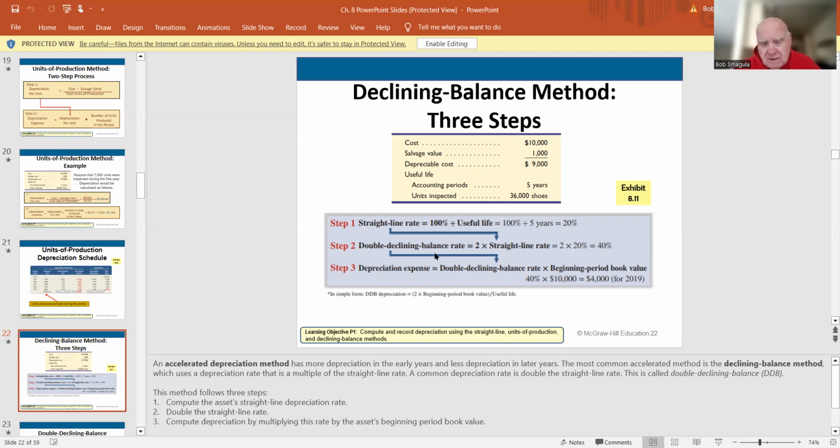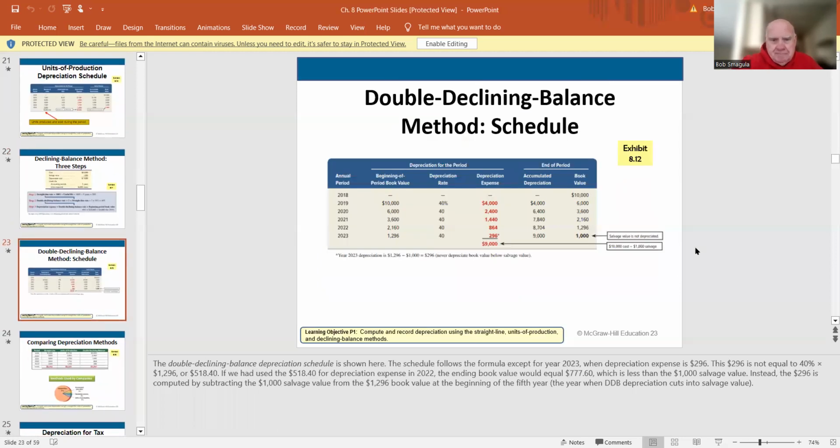Redo their calculation under the double declining balance method, and you'd have to say to yourself, let's see, 1 over 4 years, 1 over 4 is 25%. On the declining balance, 25 times 2 is 50%. Double declining balance rate is 2 times the straight line rate. Double declining balance times the beginning period book balance.